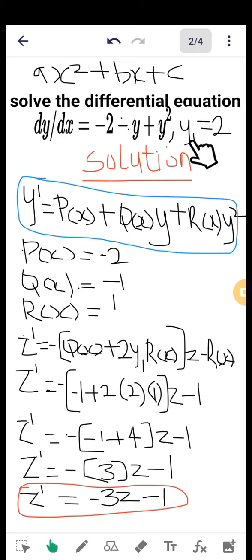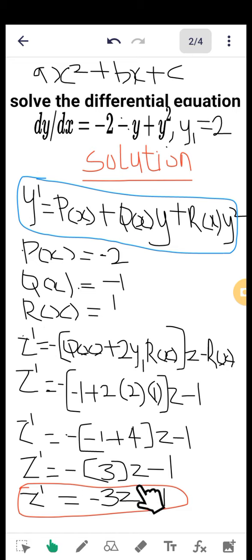The y1 is given, which is 2, times r of x, which is 1, minus r of x, which is 1. Simplifying, we get z prime equals minus 3z minus 1.